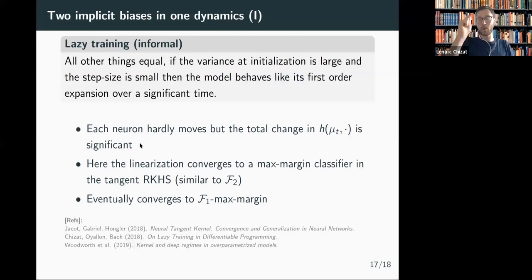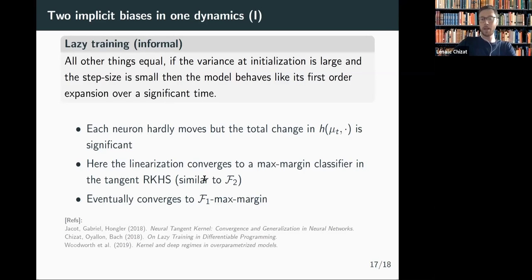To understand what's happening, it means that each neuron will hardly move, but together they will produce a significant change in the space of predictors. And in the specific case of losses with exponential tail, like the logistic loss, we can show that this linearized model will converge to a max margin classifier for the tangent RKHS.